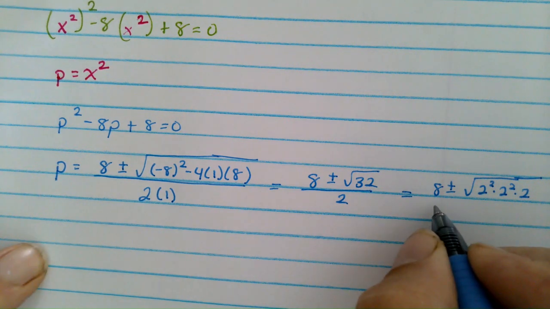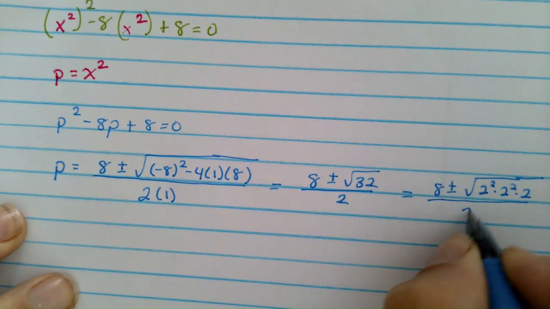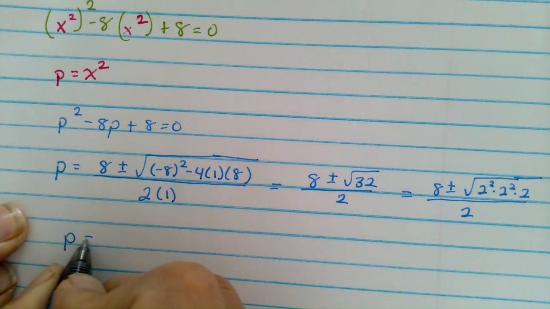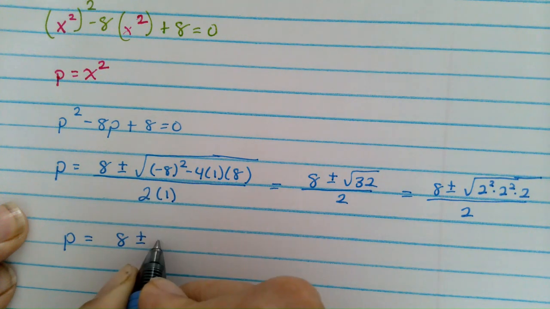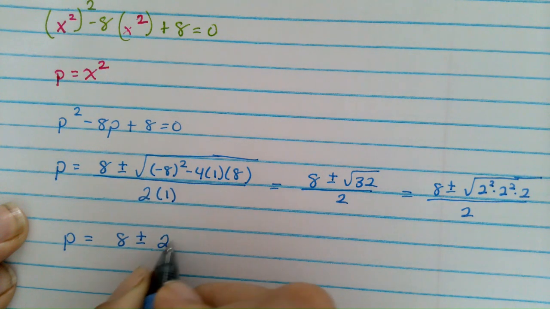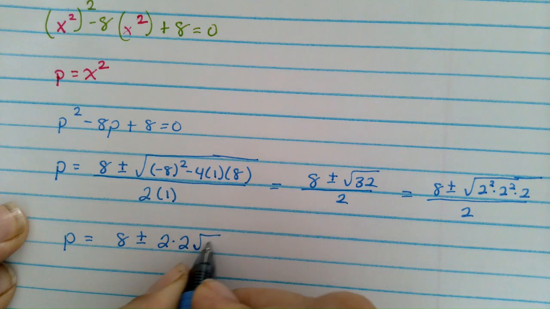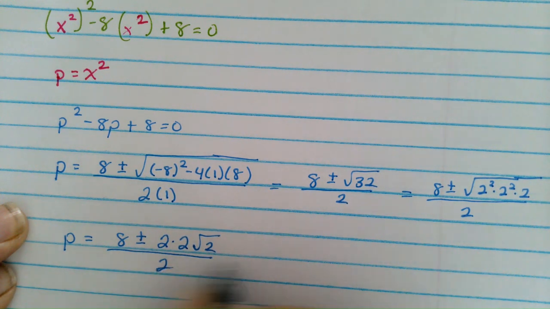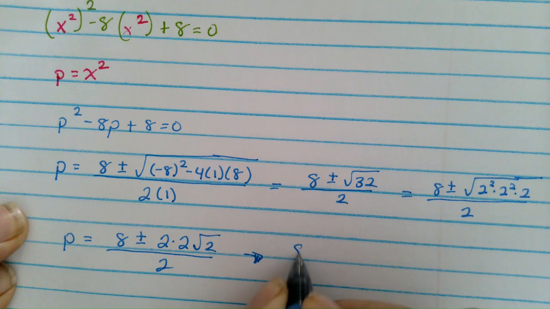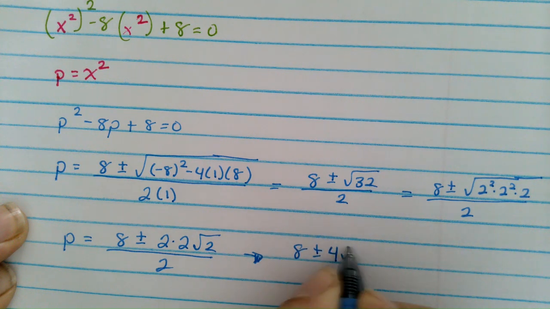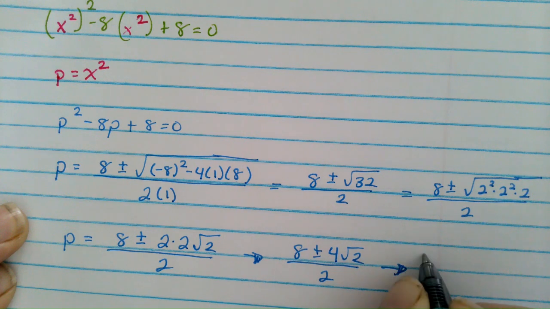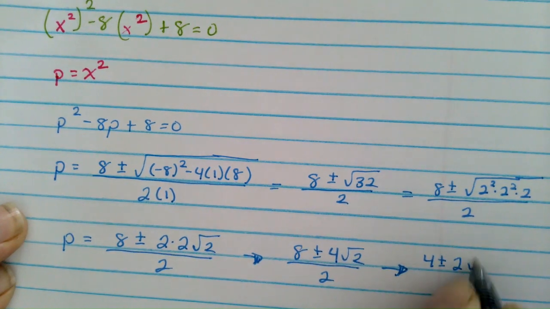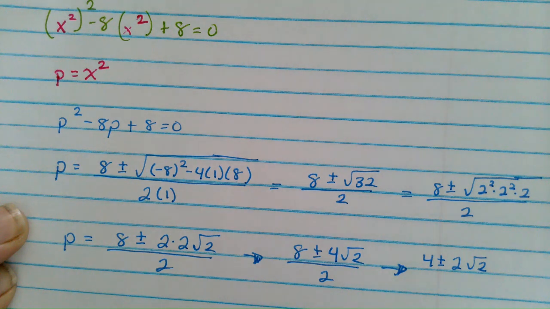There's 5 2's there. So p is going to equal 8 plus or minus 2 times square root of 2, which is 8 plus or minus 4 root 2. And when we divide that by 2, we get 4 plus or minus 2 square roots of 2, for p.